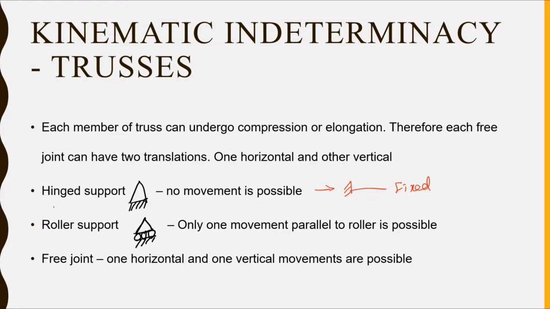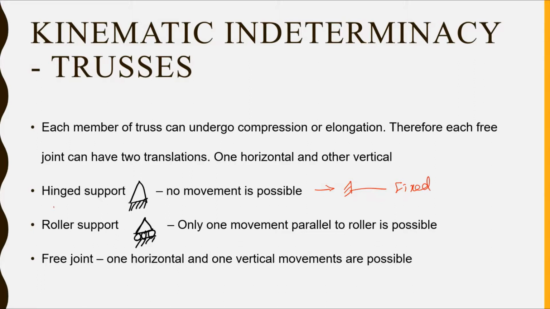A truss can have three types of supports: hinge support, roller support, and fixed support. Hinge support and fixed support cannot have any kind of movement in any direction, so these supports have no movements possible.